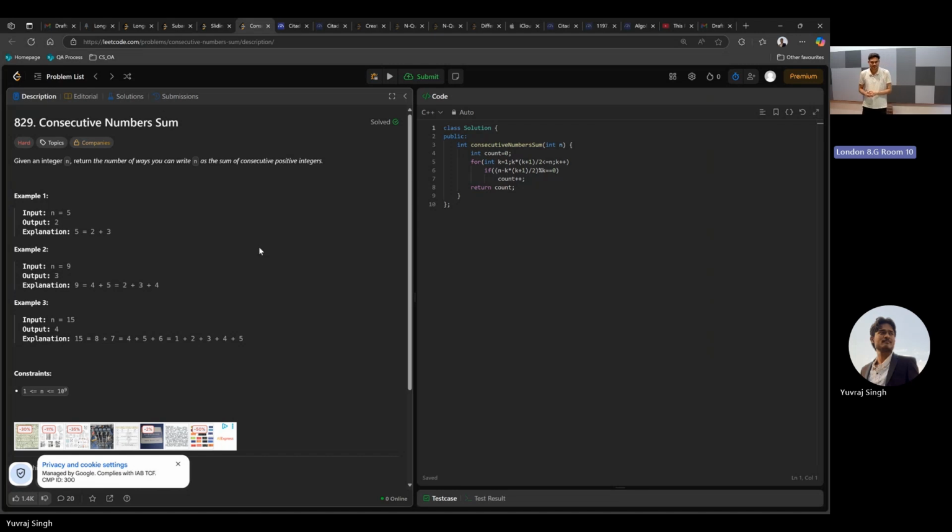In this question, we are given a number n, and we have to find the number of ways that n can be written as the sum of consecutive positive integers.